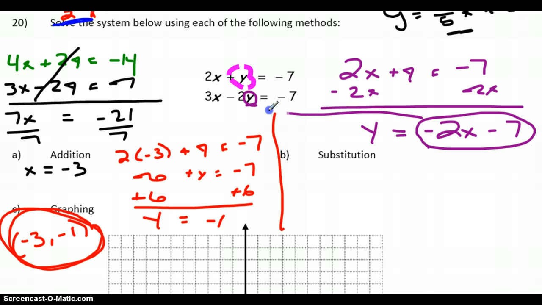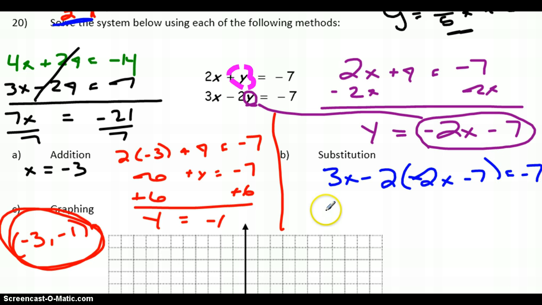I'm going to replace the letter y with what y is equal to. So that bottom equation becomes 3x minus 2 times (-2x minus 7) equals -7.